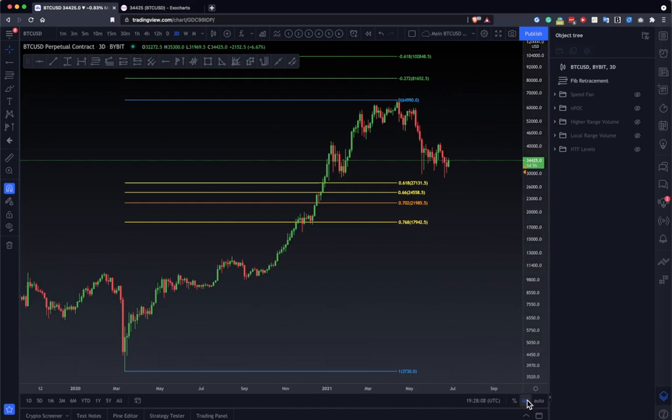$17,000 on a lot of skates. We have so many supports down here. Yeah, we have so many supports down in this region.